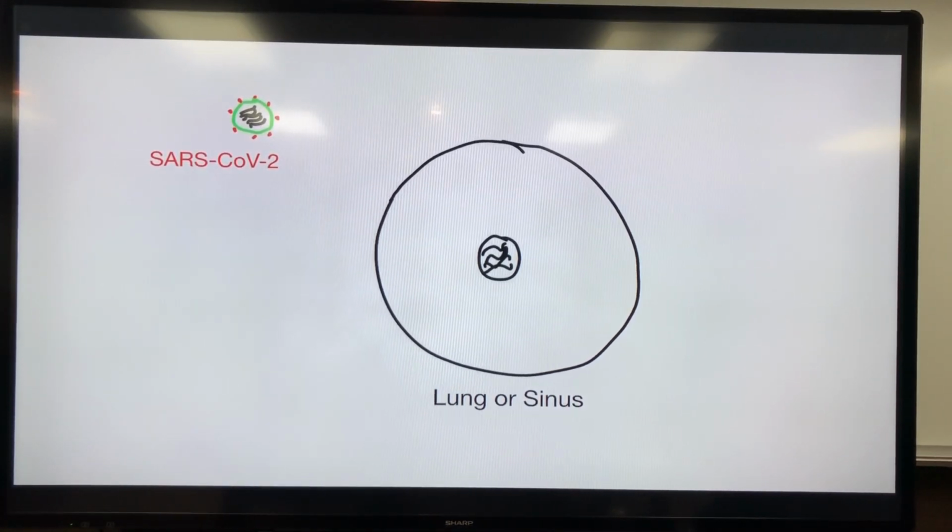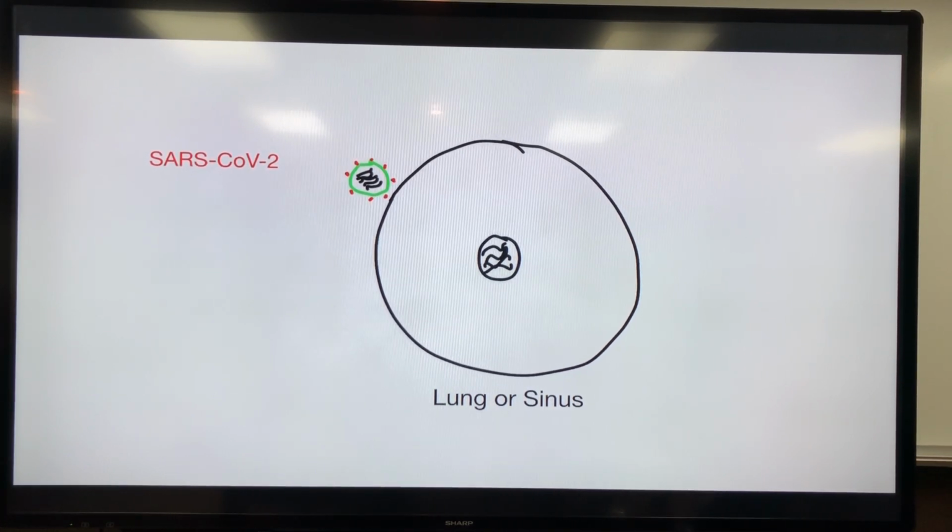So John's my age, he's sitting there, and he breathes in this virus into his lungs where it attaches to his lung cells. That little spike protein, that little red dot, is actually like a key, and it locks into cells that have the lock on it, which is a lot of our sinus cells, our brain cells, our lung cells.